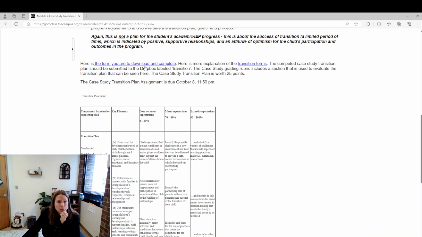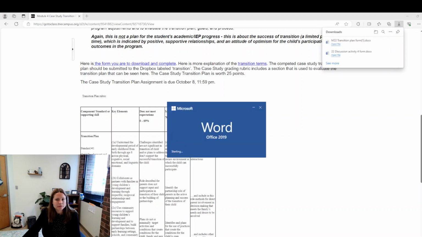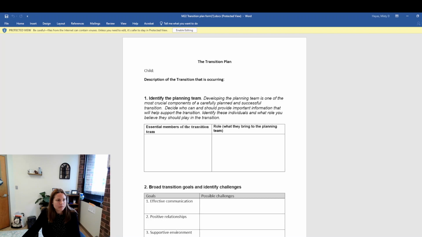Okay, so what you're going to do is click on this form. Bring it over here where you can see it. So as you can see, you can enable editing, which means you can type inside of here.